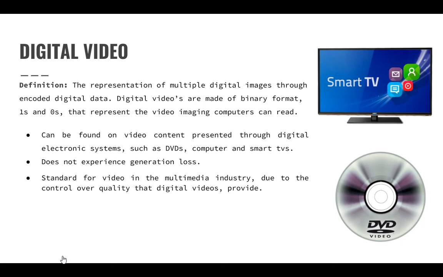One of the benefits of digital video is that it doesn't experience generation loss, which is great. And so digital video is now pretty much the standard for video quality in the multimedia industry. This is basically due to the control over the quality that digital videos provide.